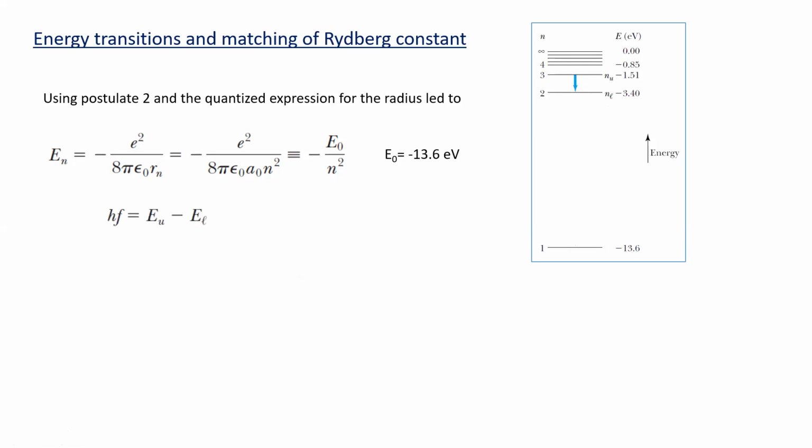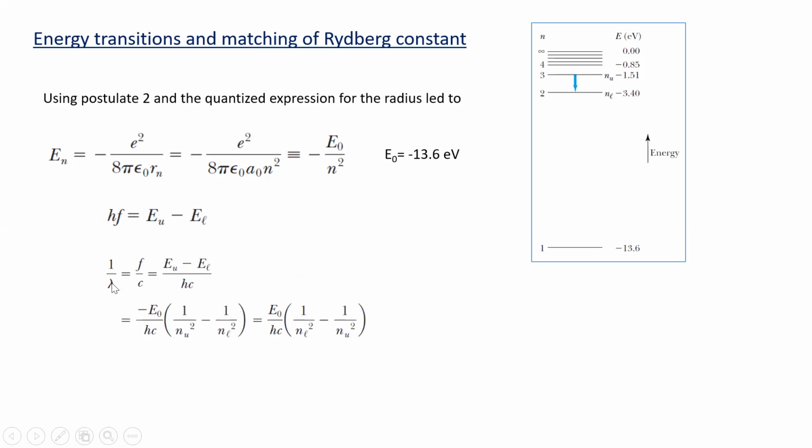So what about the transitions, postulate 2? Well, if we had a transition from a higher stationary state to a lower stationary state, we would have a photon h f with energy E_U minus E_L being emitted by that atom, and so we can put this in a certain useful form.